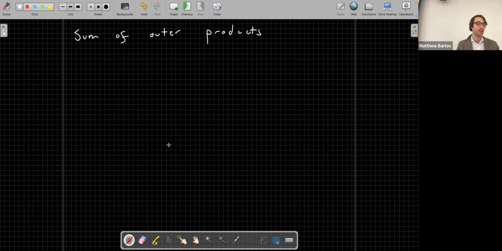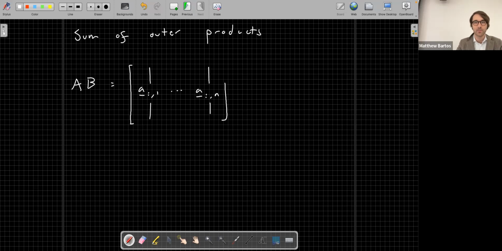In particular, if we have AB, we can think about it in terms of the columns of A and the rows of B. Okay, so we have that our first column of A is A colon comma 1, all the way through A colon comma N. And we can think of our B matrix in terms of its rows.